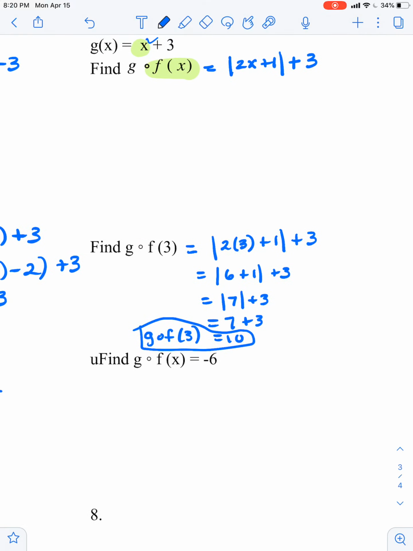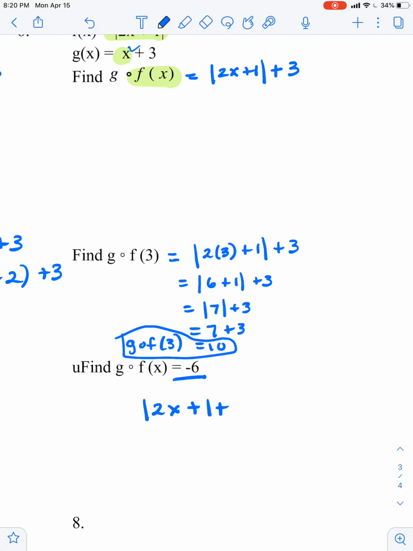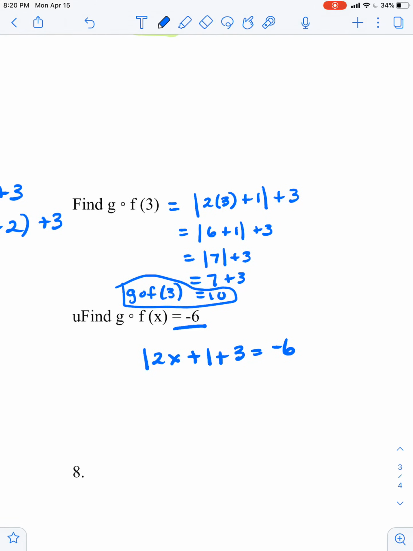And the last one, again, this is set equal to a negative 6. So this is where we get the equation. So the absolute value of 2x plus 1, again, I'm going back up to my equation up here, plus 3 equals a negative 6. Now again, we have an absolute value problem to solve.